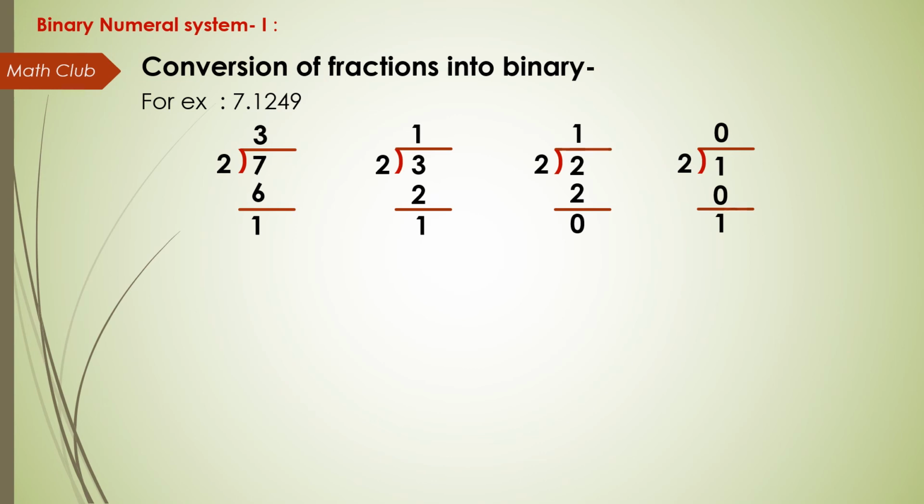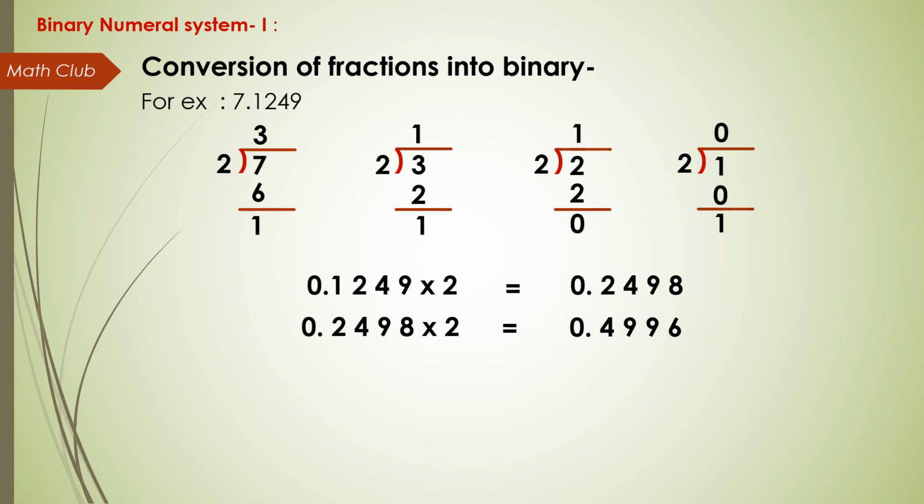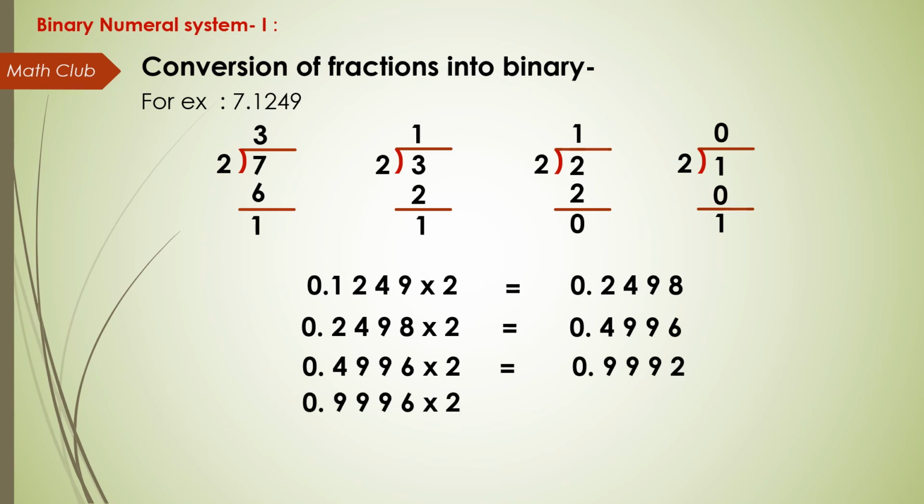In the given number, 0.1249 is multiplied by 2, the obtained product 0.2498 is again multiplied by 2, till we get the last product as 1.9992, and hence the binary form of 7.1249 will be 1011.0001.